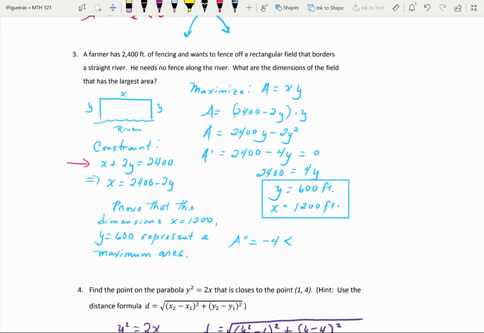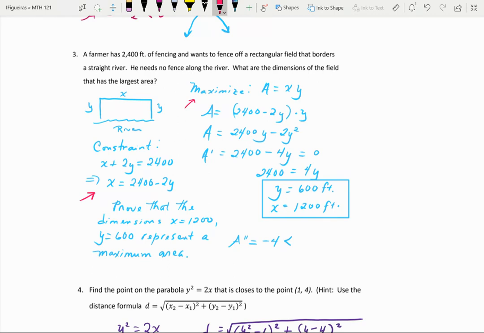So what we're being asked to optimize is we want to maximize the area. So again, here's your area formula. A is equal to x times y. And again, I need to eliminate one of the variables. So this time I'm going to solve the constraint for x. Again, you can choose any variable you want.